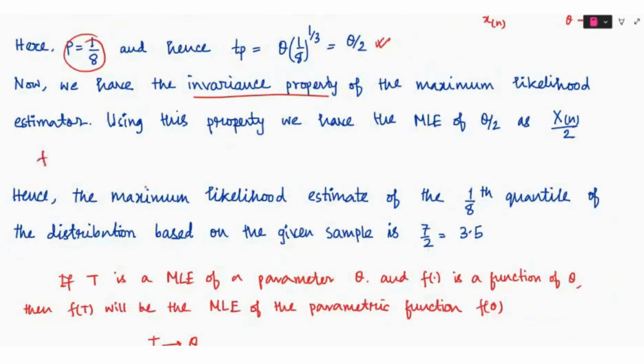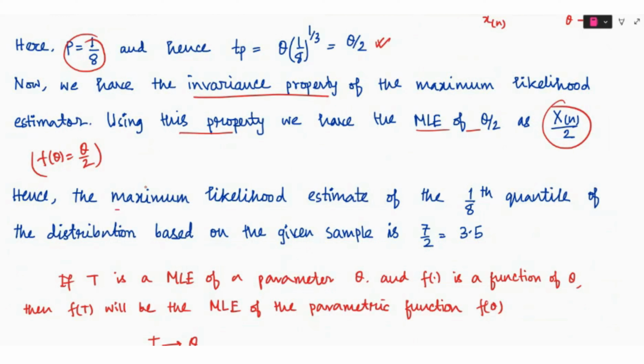Applying that property here, the function is f(theta) equal to theta by 2. So eventually x order n by 2 will be the MLE of the 1 by 8th quantile of the distribution. Using this property, we have the MLE of theta by 2 as x order n by 2. Now we have the sample values as 3, 6, 4, 7, 5.